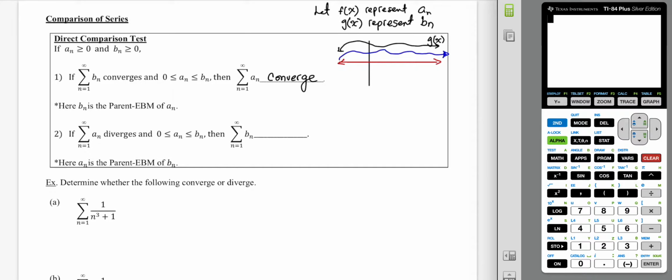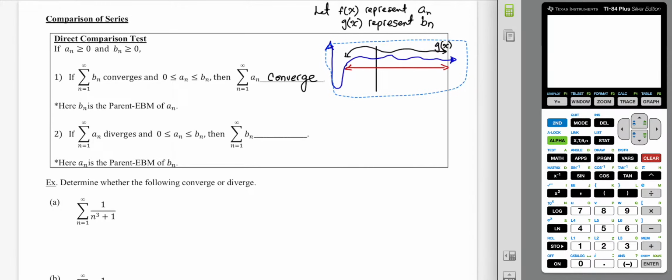So it doesn't matter what's happening down here. It could go down, it could go back up. A lot of different possibilities. We don't care about any of that. We only care about values greater than or equal to 0. Let me just move that over because it got a little on the wild side there. We don't know where a sub n is going to go, but we do know it has to converge onto something. All right.